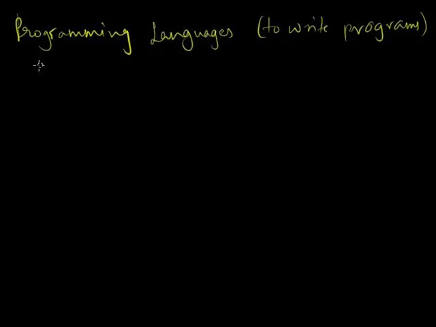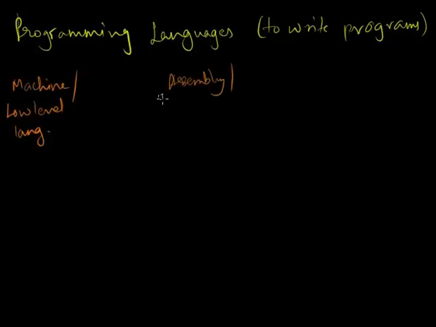One is machine or low level language. Another is assembly or mid level language. And the third one is problem oriented or high level language.